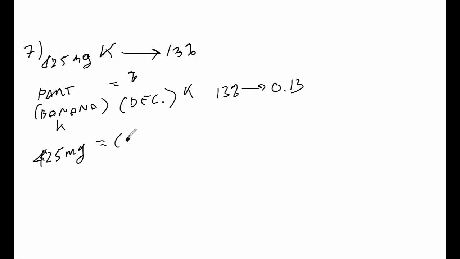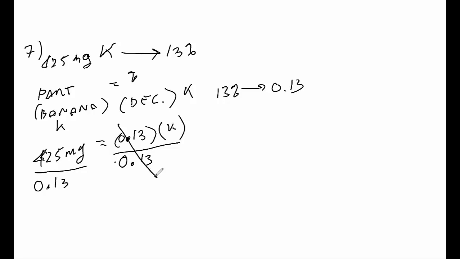So that's 0.13 times K, and K is just our variable. And we just do a little bit of algebra. So we divide this by 0.13, and whatever we do to this side, we do to this side. And that cancels out.